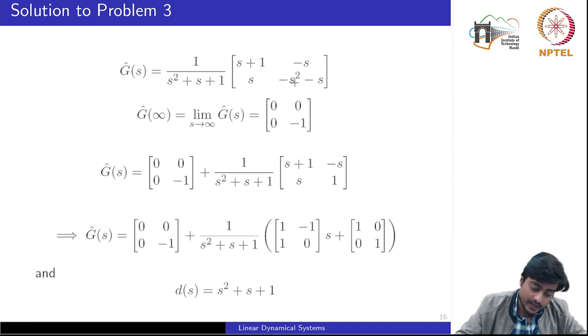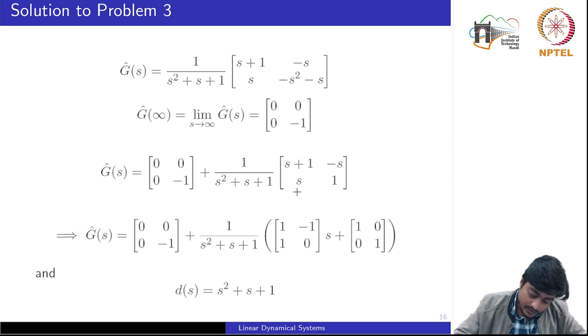But we saw that the degree of this polynomial should be less than this polynomial. That's why we have extracted out this g hat infinity part. After decomposing this g hat infinity part, we can write this one as this one, because once you sum them up, you would finally obtain this equation.